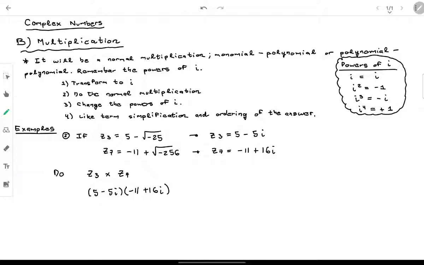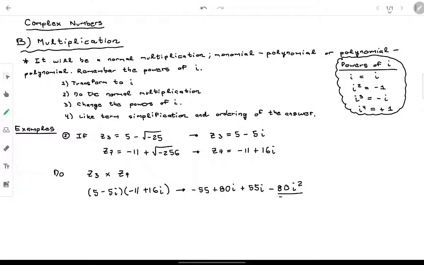So it's going to be, again, a binomial times a binomial. We need to multiply everything by everything. So it's going to be minus 55. 5 times 16 is 80i. Minus times minus is plus 55i. And finally, minus times plus is minus 80i squared.